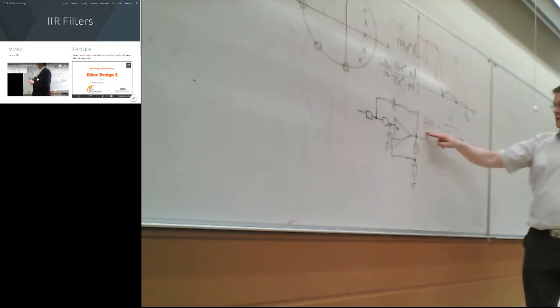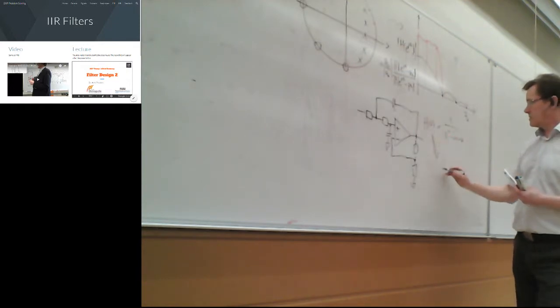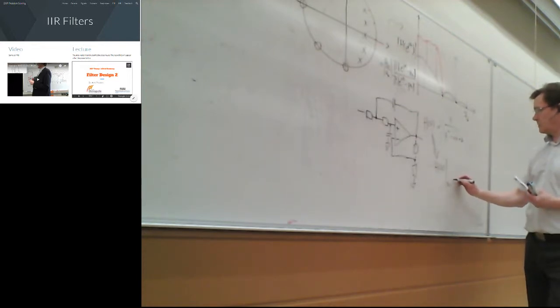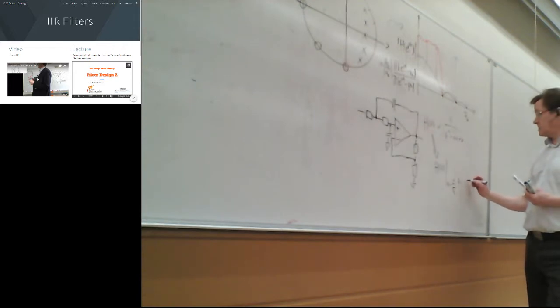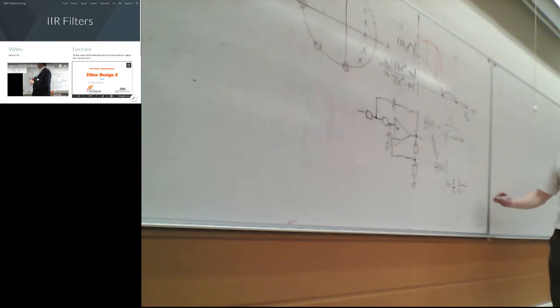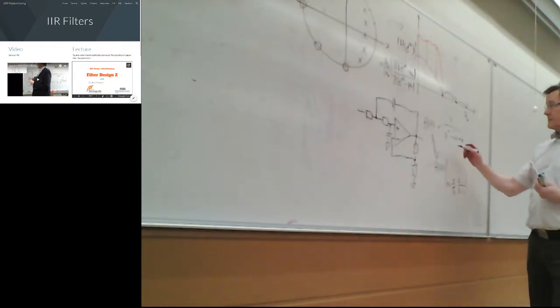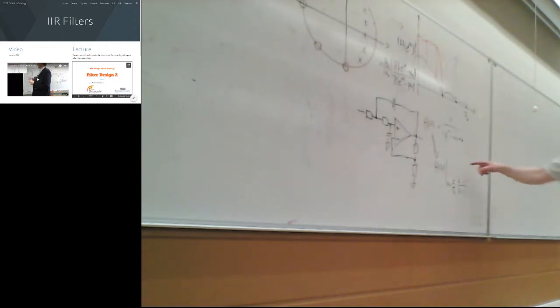If there is an H of s, you can do the so-called bilinear transformation by setting s equals 2 over T times (z minus 1) divided by (z plus 1). That'll do the transformation from the analog domain to the digital domain.